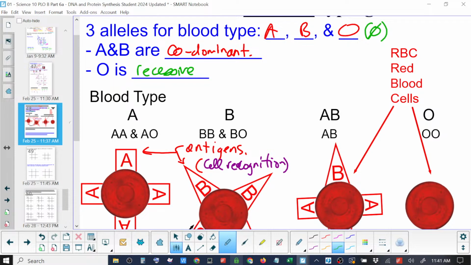So if you are type AO, then you are type A in terms of your phenotype. If you are type AA, you are type A in terms of your phenotype. If you are type BO, then you are type B in your phenotype. So O is just a recessive gene. It is the lack of antigens.